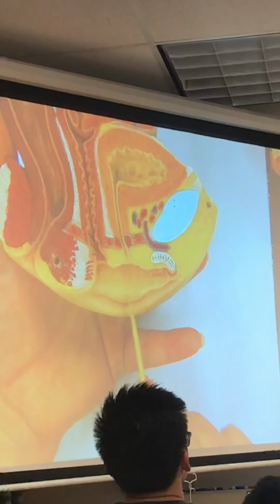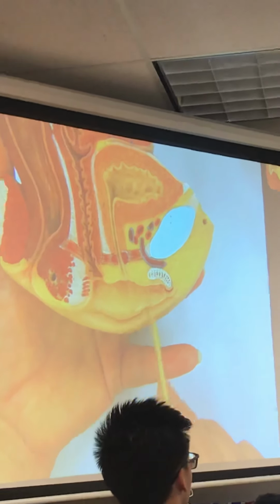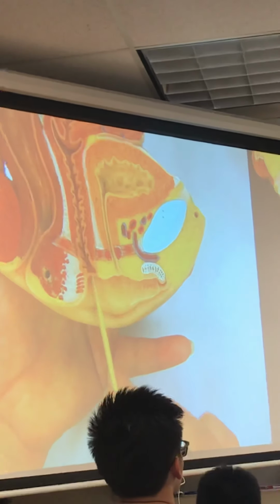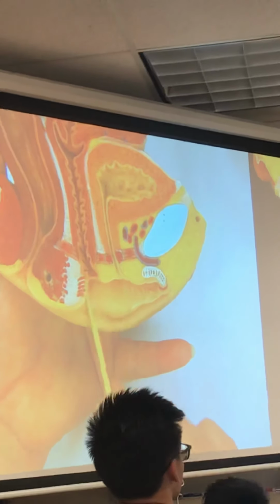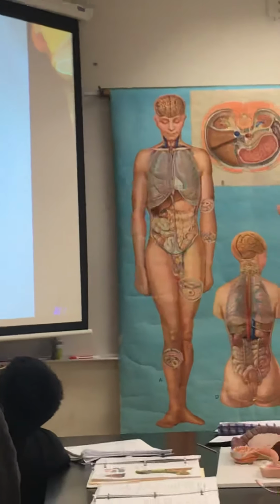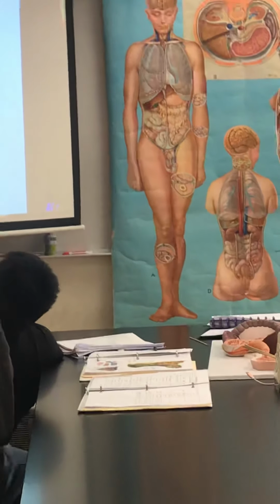Just deep to the labia minora would be erectile tissue that we call the bulb of the vestibule. And then she'll have a little gland that can produce a mucus-like secretion to lubricate this orifice. That gland would be the greater vestibular gland.